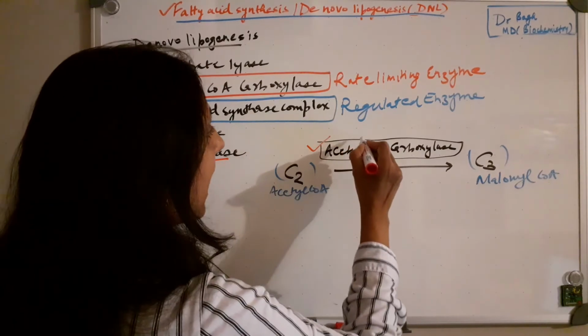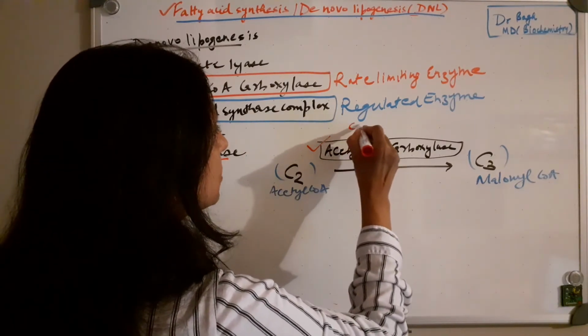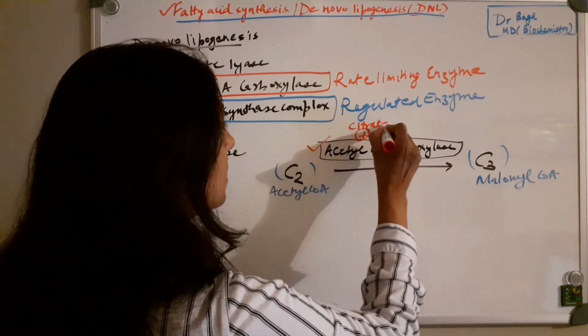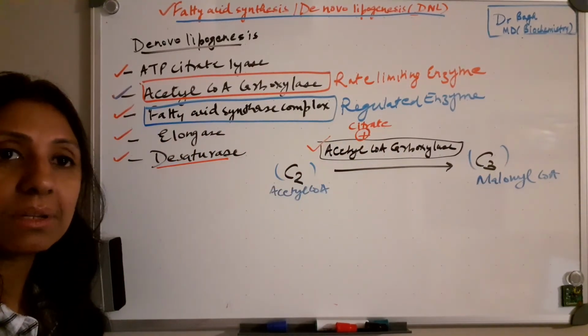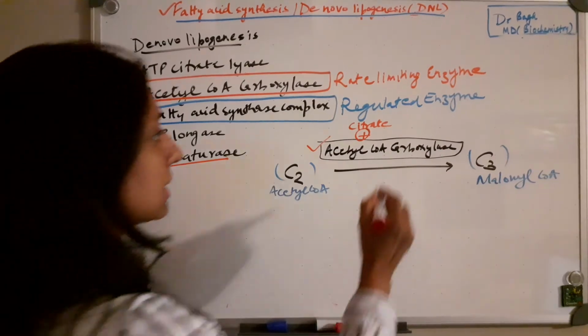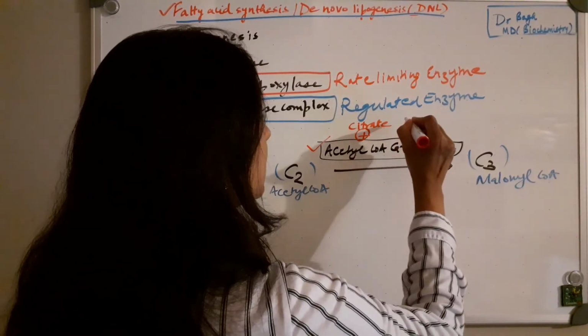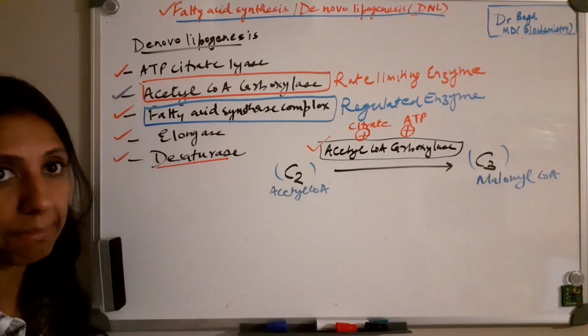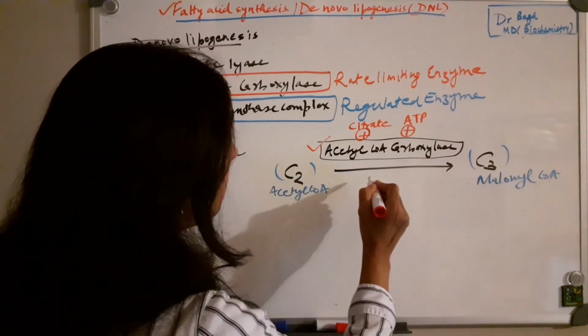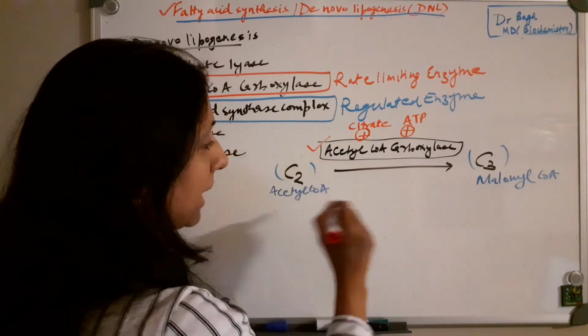ACC is directly activated by citrate, because remember, citrate is a big turn on for fatty acid synthesis, because this has to be made available in the cytosol to begin fatty acid synthesis. Acetyl CoA carboxylase is directly activated by ATP. Remember, no synthesis can happen without ATP. What are the inhibitors of this enzyme?